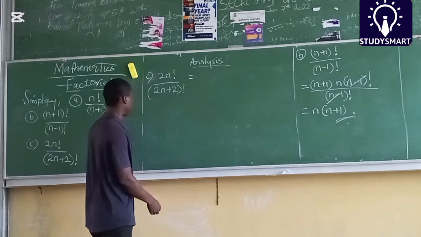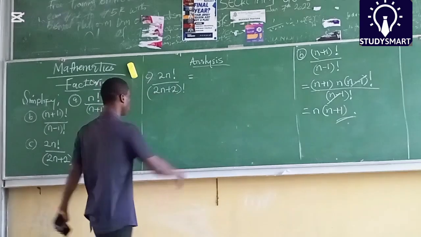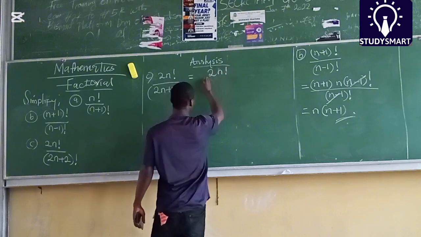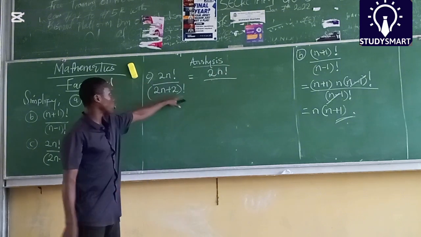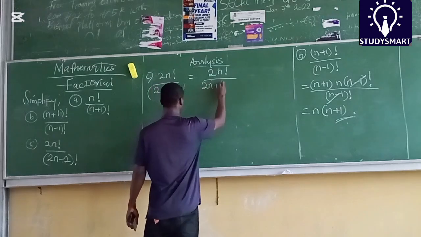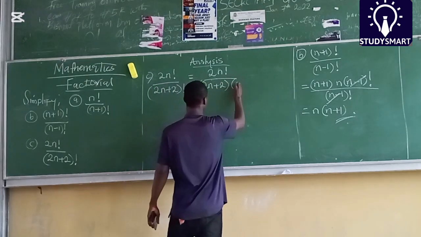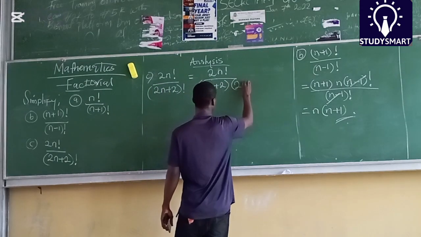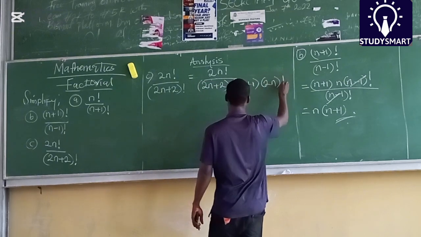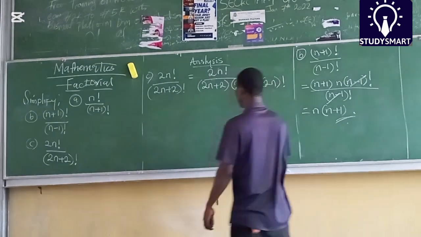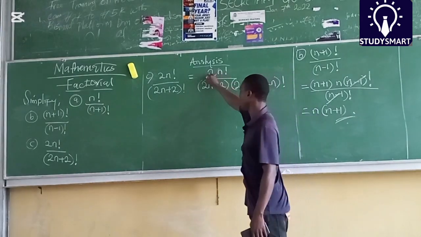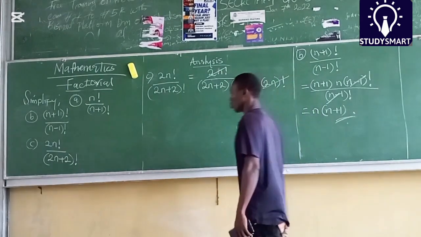What that means is that I will be applying this factorial here also. So 2n plus 2 factorial simply means 2n plus 2, then 2n plus 1, then 2n factorial. So this is what it means. This is 2n factorial and this is 2n factorial. This and this can cancel out.